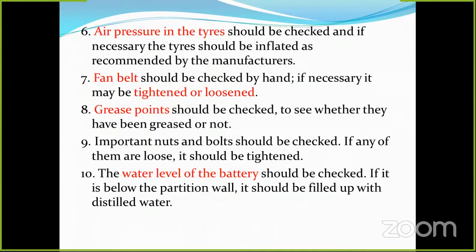Next, grease points: all grease points should be checked whether they are greased or not. Okay, next, water level in the battery. If the level of water is low, then we should put distilled water in the battery.